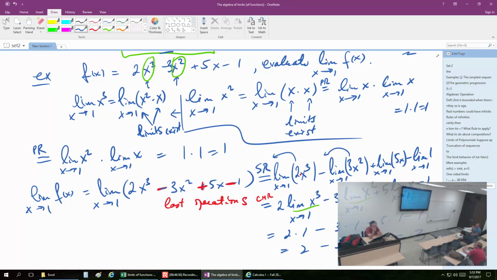Like always with algebra, you do it easily once you do it a few times. Otherwise you just follow the rules, just like with limits of sequences or any kind of algebra of numbers that you saw previously, and the rules are spelled out.